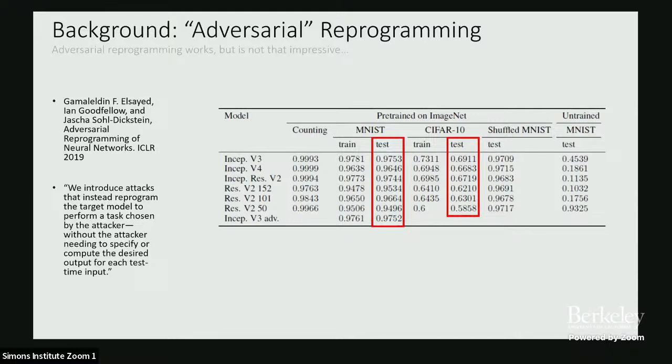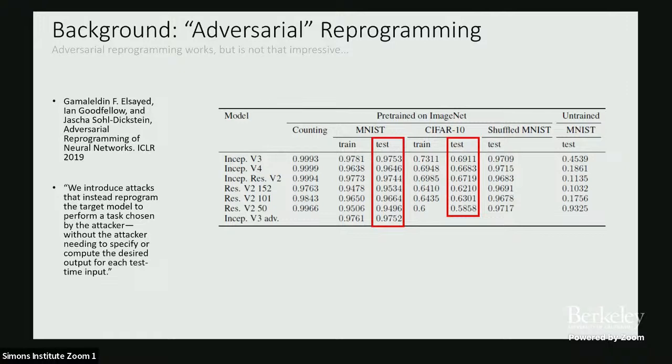Okay, so before I go to the technical details, I also want to show some background. This reprogramming idea was originally cast as adversarial reprogramming, because at the time they discovered that it is possible to reprogram a pre-trained model to do something new that is not originally designed by the model developer. So there were some concerns about how attackers can repurpose a pre-trained model to do something else without the consent of the model developer.